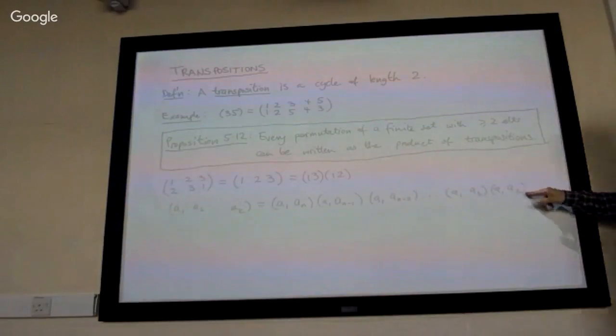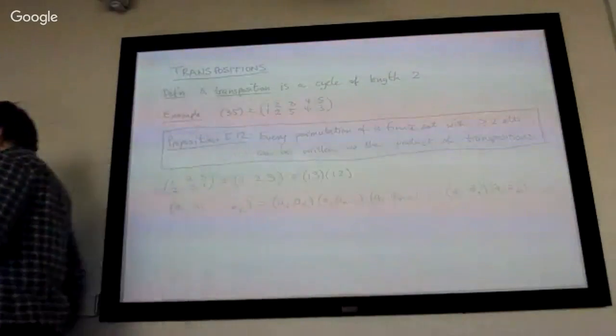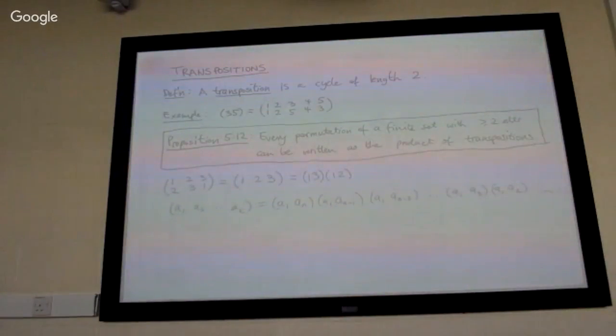So this shows that any cycle can be written as the product of some transpositions.